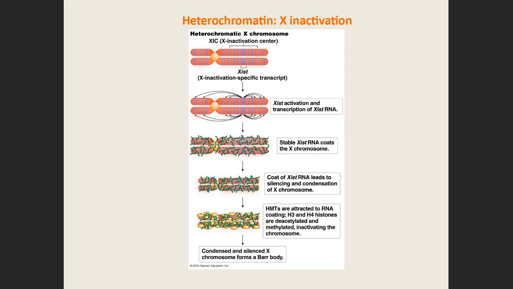And so in females, you have two X's, and essentially there's a competition between the two, so to speak. Initially, both X's start to exist, but one wins over, probably because it's expressing more Xist RNA. The Xist RNA will bind to the chromosome that's expressing the RNA itself.